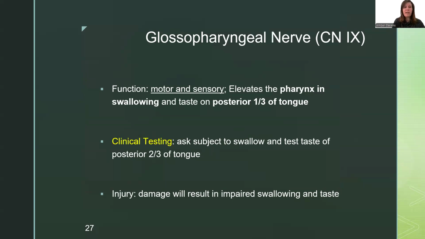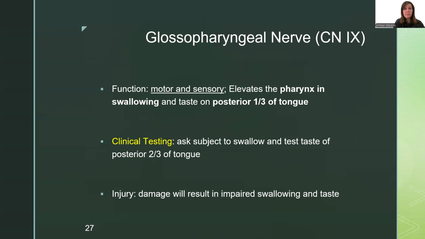All right, so now we have nerve number 9. This is the glossopharyngeal nerve. This is also a mixed nerve. Your motor function is going to elevate the pharynx during swallowing. Sensory is going to provide taste to the back 1/3 of the tongue, and it also monitors blood pressure and oxygen levels.